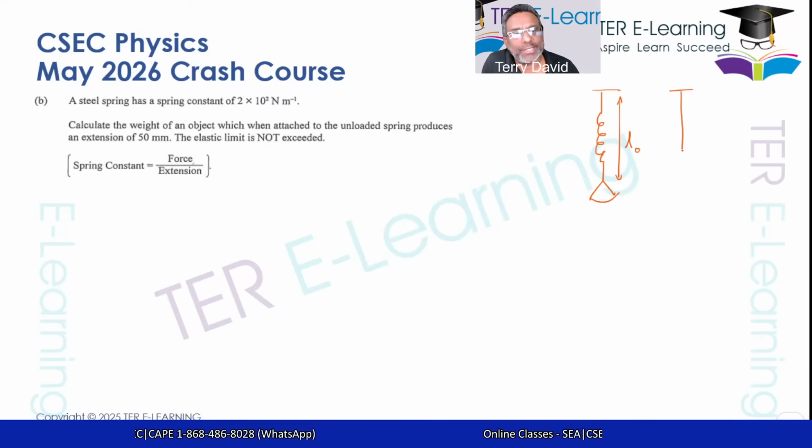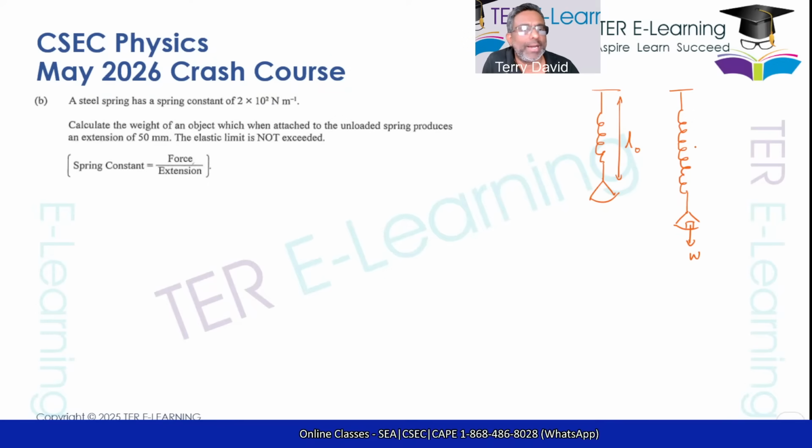Then if you attach something to that pan, the spring is going to extend, and we're going to end up like this. So that's me attaching a weight to this, and it stretches the spring. Let's put it from here to here. So this is L. Your extension is simply going to be your new length minus L0.